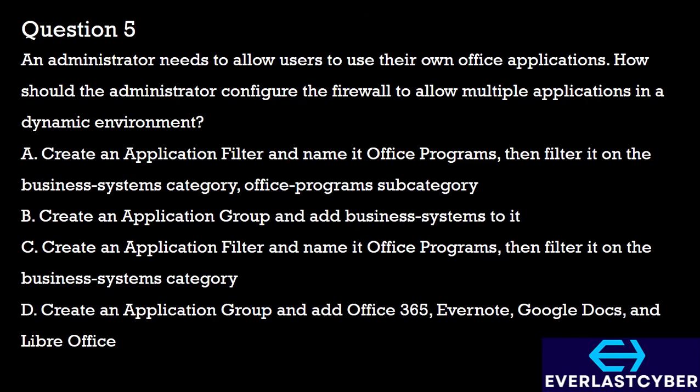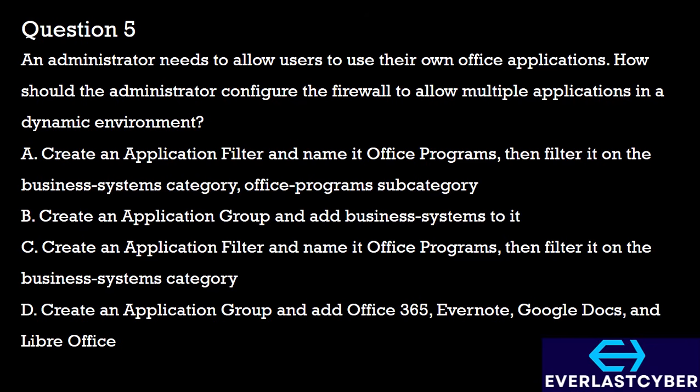In a dynamic environment where you want to allow multiple applications, it is advised that an application group be created. This is the most appropriate solution. This option will allow you to group together multiple applications that fall under a common category, such as business systems or office-related applications.